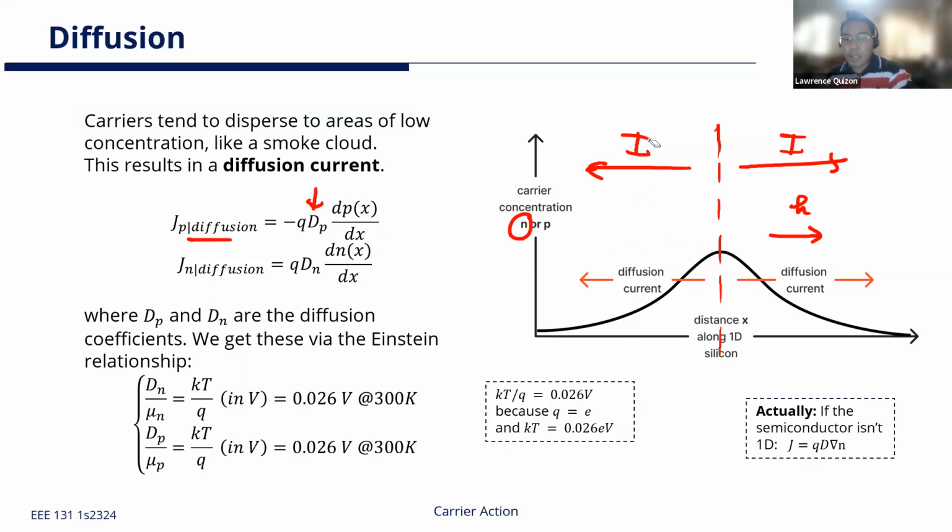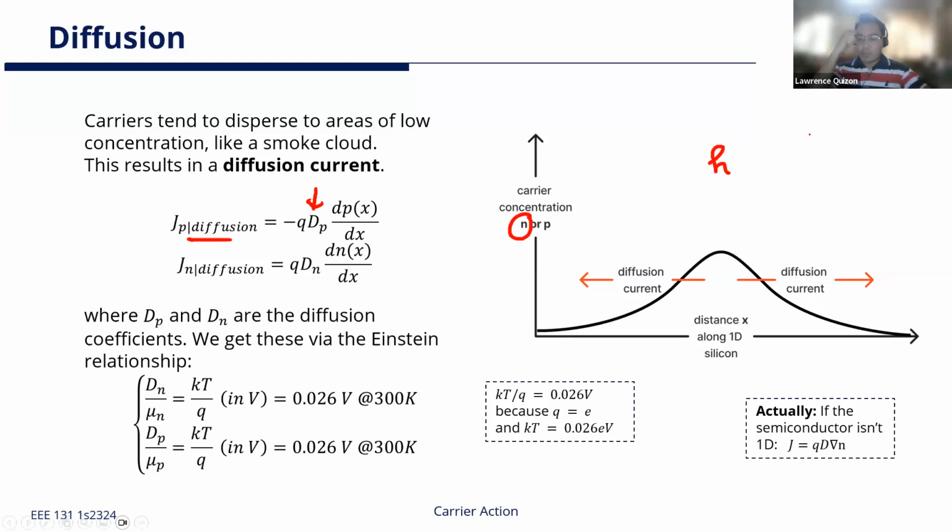So okay, let's examine, no? Bakit ganyan yung sign niya. So let's assume, for example, that this is hole, no? Holes tong nagdi-diffuse dito. So kung holes to, then this slope would be positive, right?